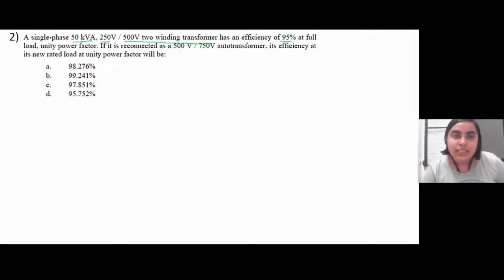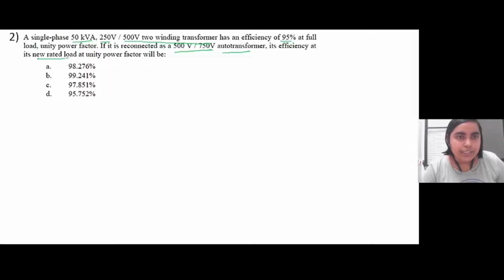Now it is reconnected as an auto transformer. Let's draw the auto transformer first, so that we will know what to calculate. So if it is again reconnected as an auto transformer, we have to find its efficiency at its new rated load and unity power factor.